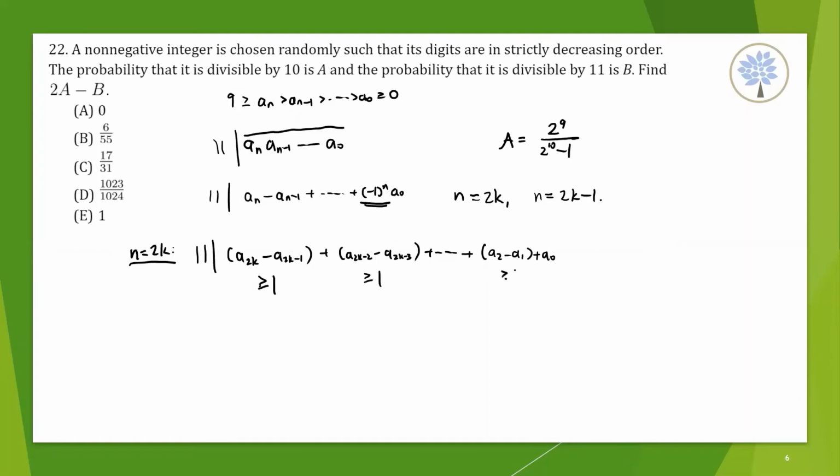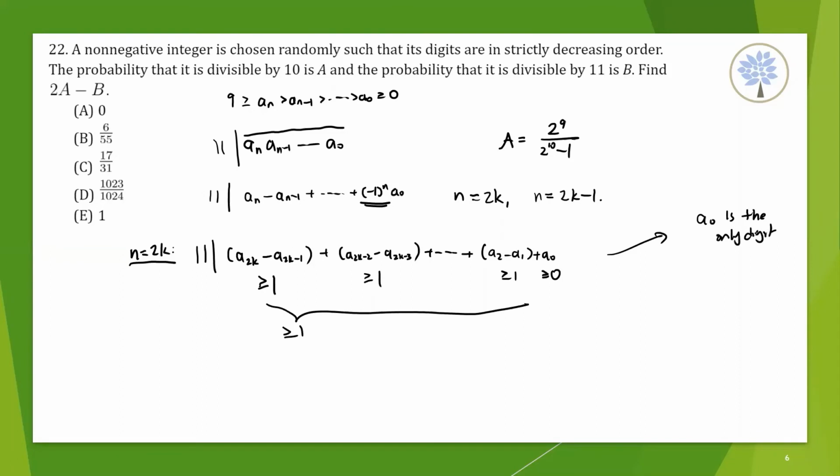And we can similarly say all these k differences are greater than or equal to 1. And lastly, a_0 is greater than or equal to 0. So as long as a_0 is not the only digit, our alternating sum, which is the sum of all these differences and a_0, is going to be at least 1. And we can consider separately the case when a_0 is the only digit.